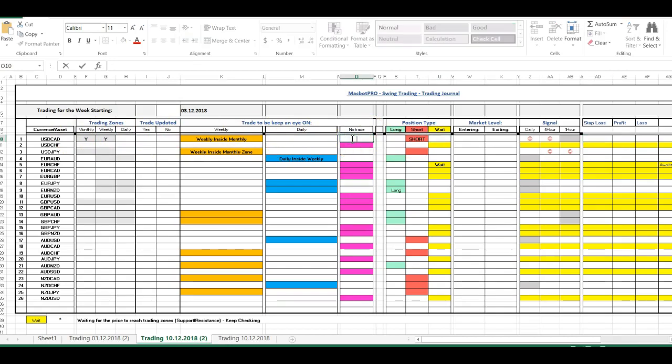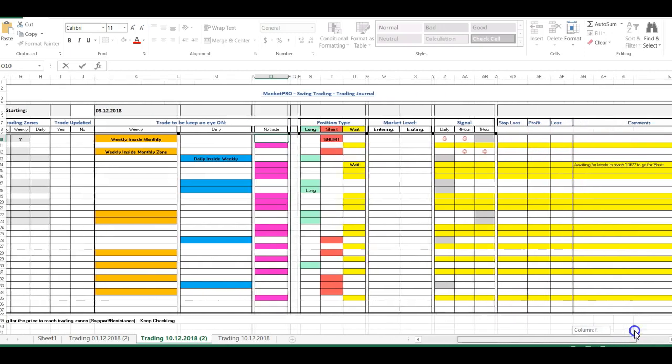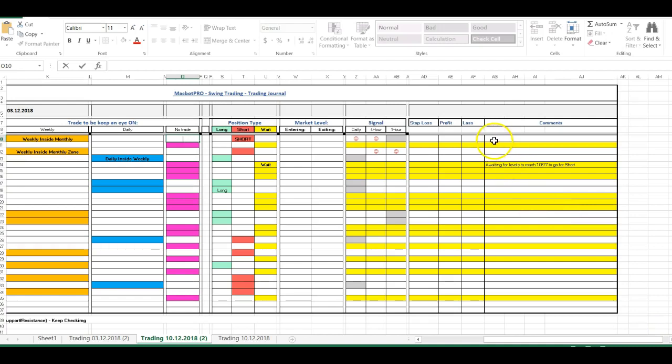We'll update this later on when the trade has entered, and here just your comments: load MacBot to await entry. This is the only trade I'm going to be giving you today, and it's a very good one that's coming up.